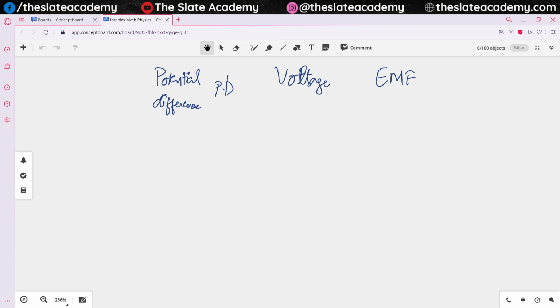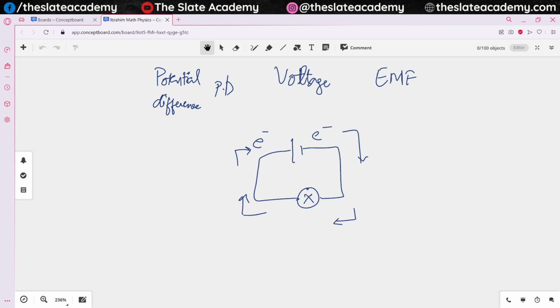The concept is that you have a battery. The battery provides the power and it lights up different devices.